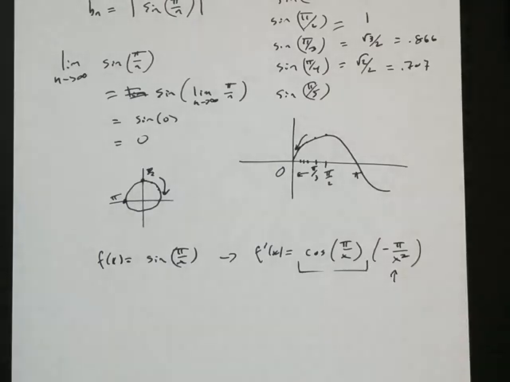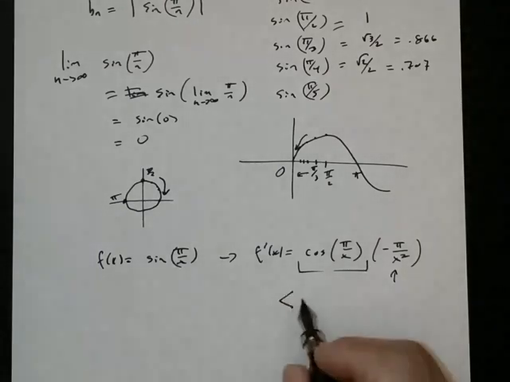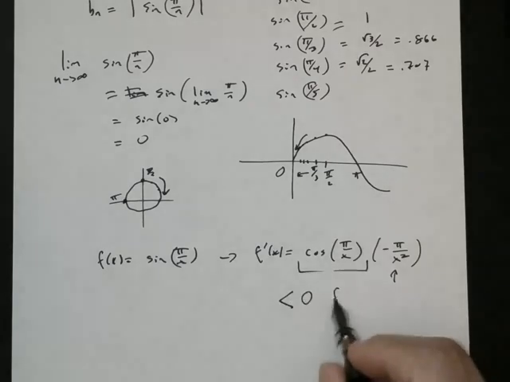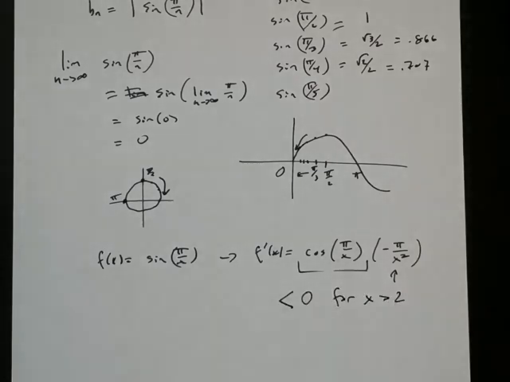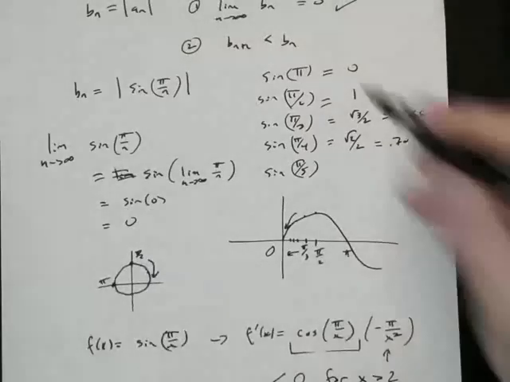This is always negative. From some point on, my derivative is negative. So there are 3 different ways to show that this is decreasing. Hey, that means we get to go back up here, put a check mark.